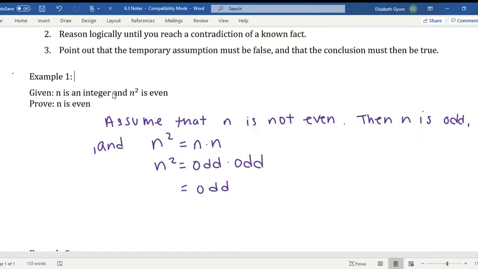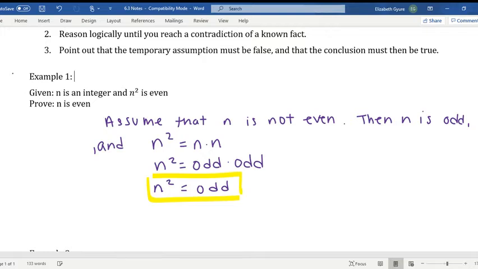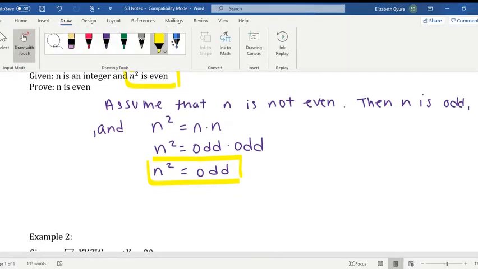Well, this contradicts our given, right? If n squared is odd, that contradicts our hypothesis that n squared is even. And that can't happen. We can't contradict our hypothesis. Our hypothesis must be true.